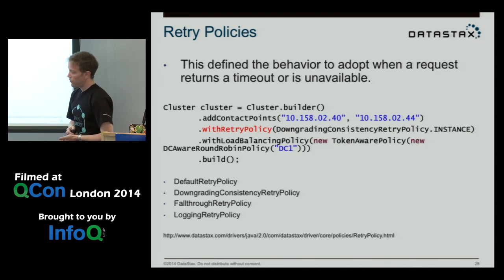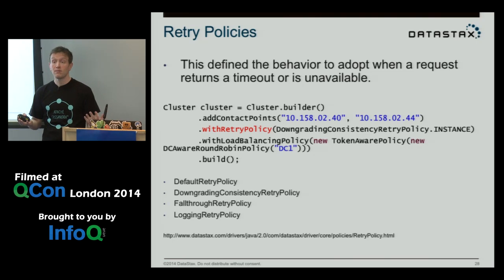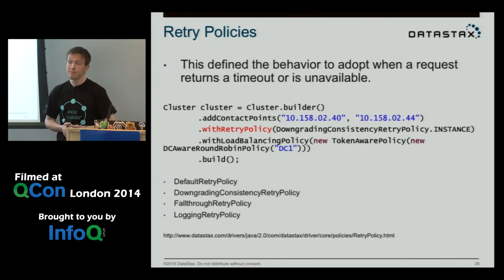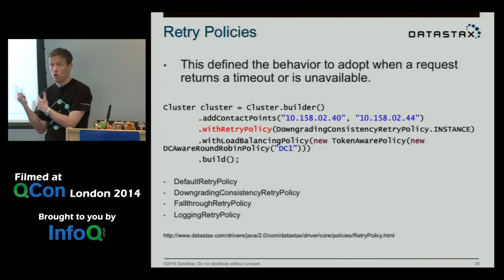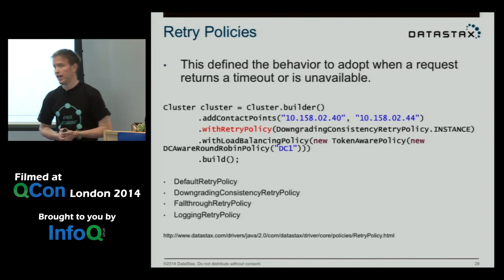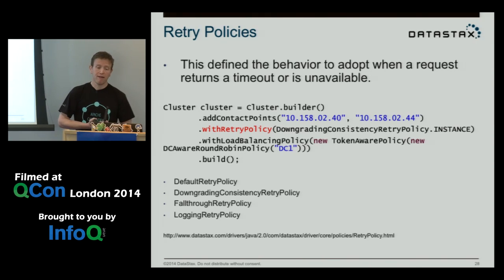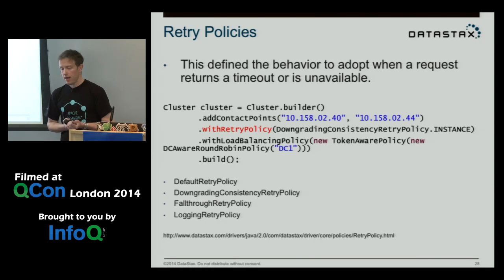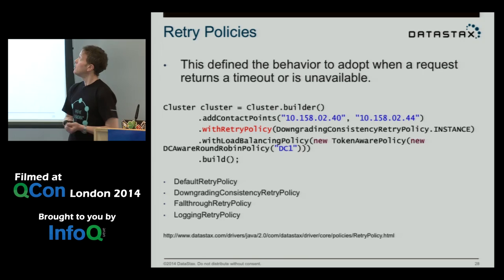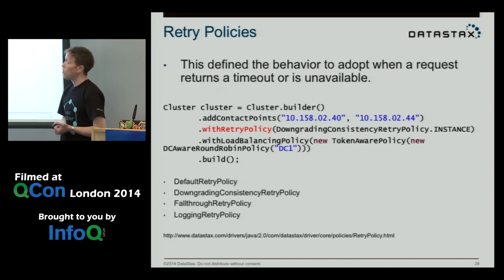And I probably should say that there is a default policy as well for load balancing, which is just round robining. So if you don't specify a load balancing policy, it will just be round robining across whatever you tell it to connect to. So the next set of policies we have are retry policies. A retry policy is telling you what should I do when my request returns a timeout or the node is unavailable or whatever.